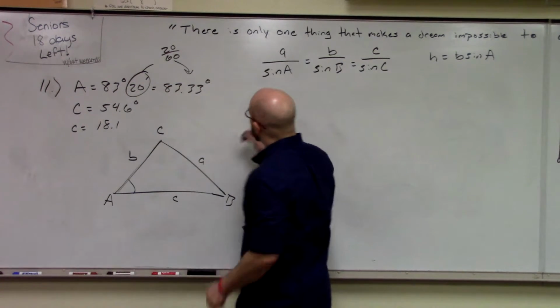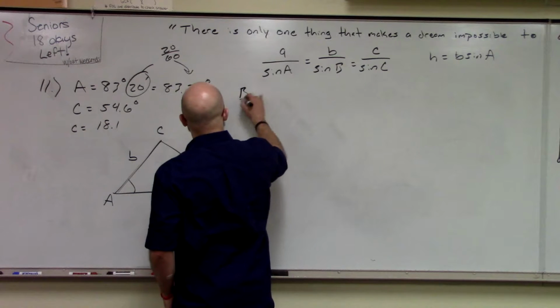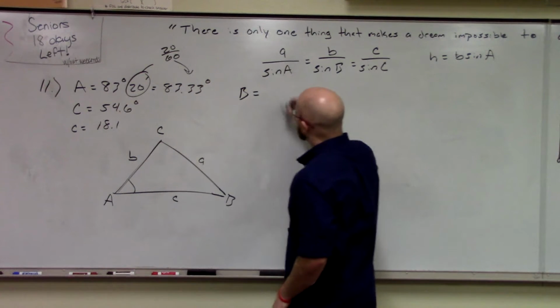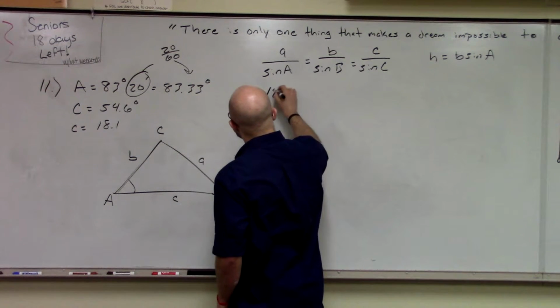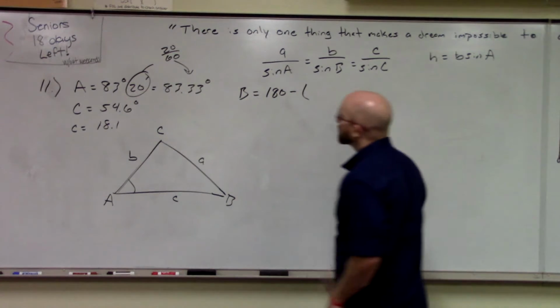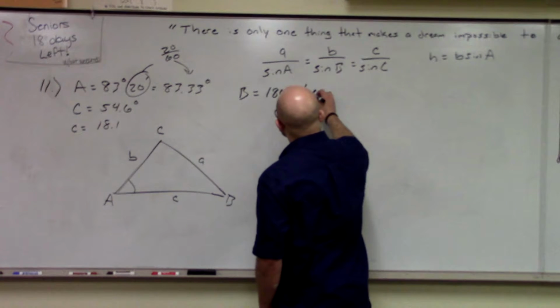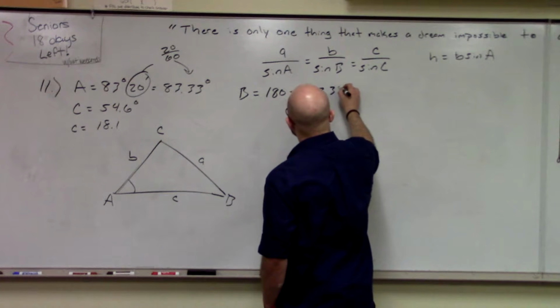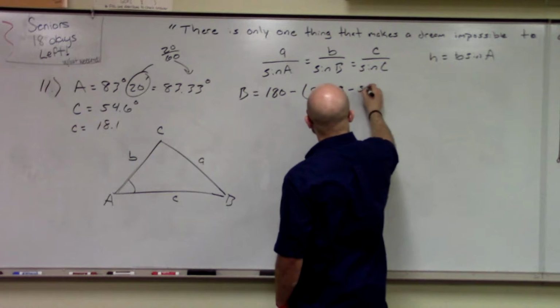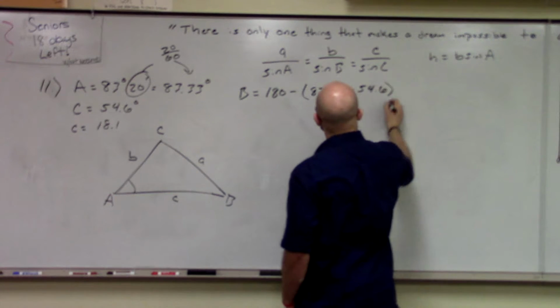Big B is easy again to find because I have two angles. So it's 180 minus 83.333 minus 54.6.